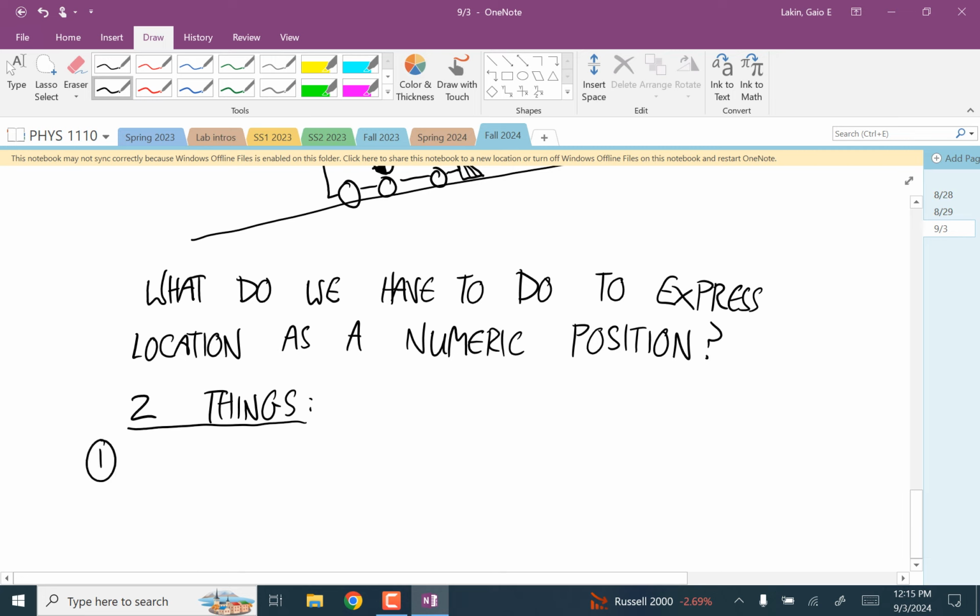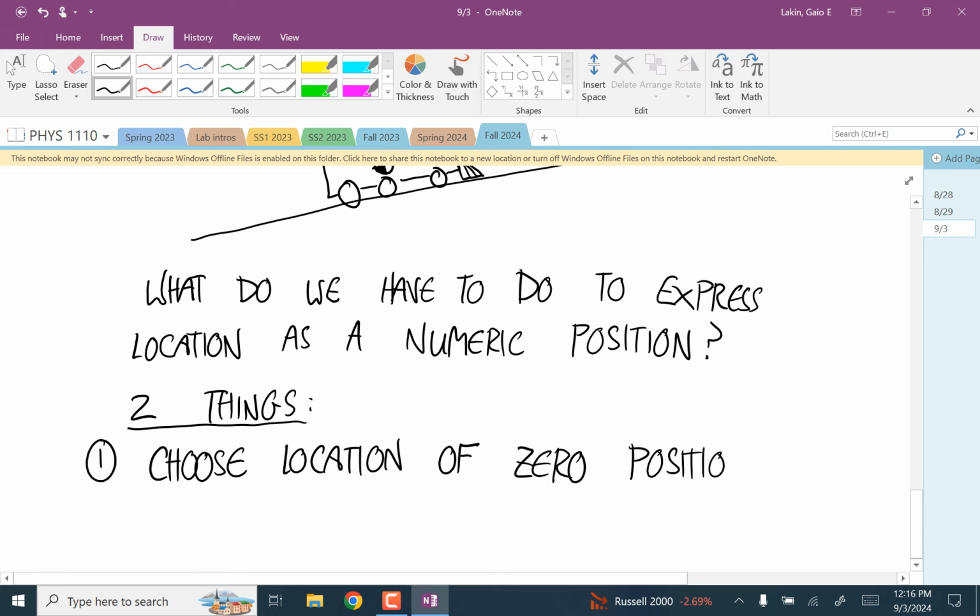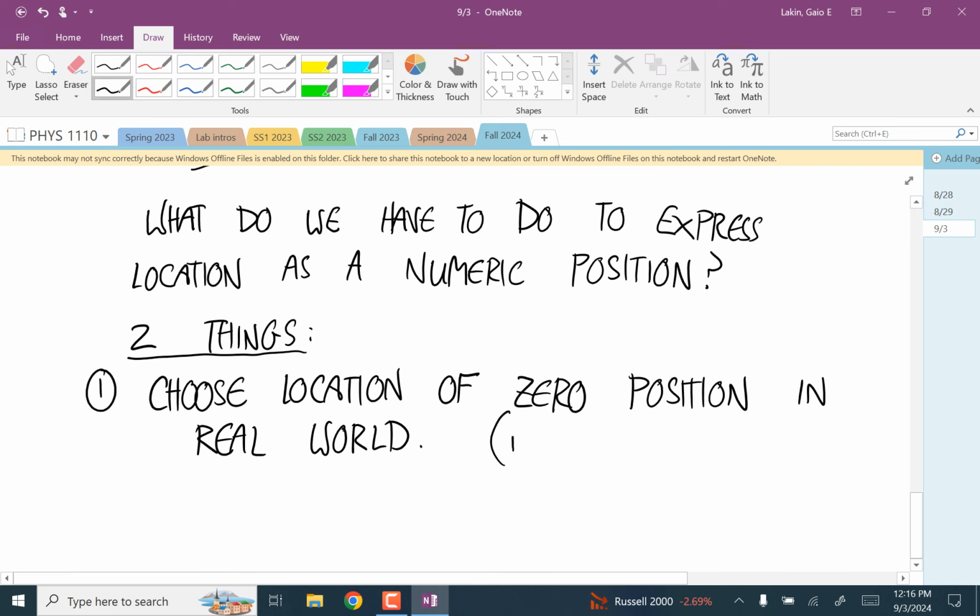So the first one is we have to choose the location of a zero position in the real world. Okay, so you can imagine placing a sticker at this point that you're going to just arbitrarily call zero.